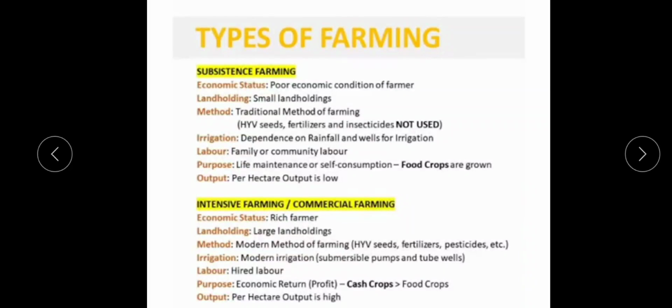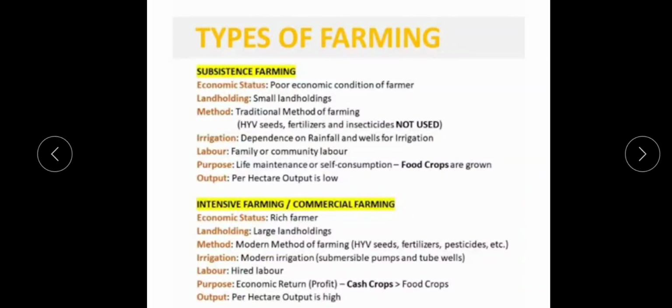Now talking about intensive farming. Intensive farming is the mechanized way of farming through utilization of increased irrigation, use of chemical fertilizer, insecticides and other mechanical equipments.